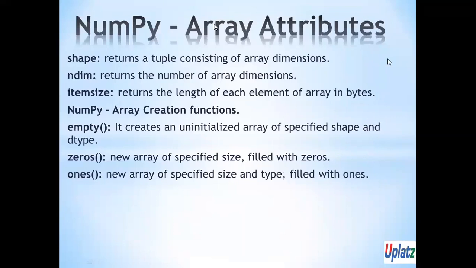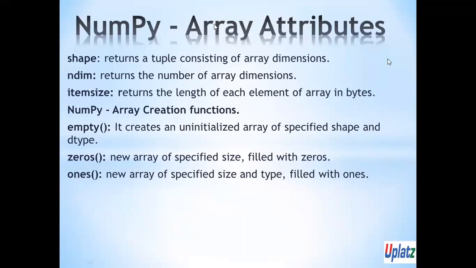You have to select the data type for the array elements. I will show you how to select the data type for the array elements, and you can check the item size of each element. So the item size is the number of bytes each element in the array holds.